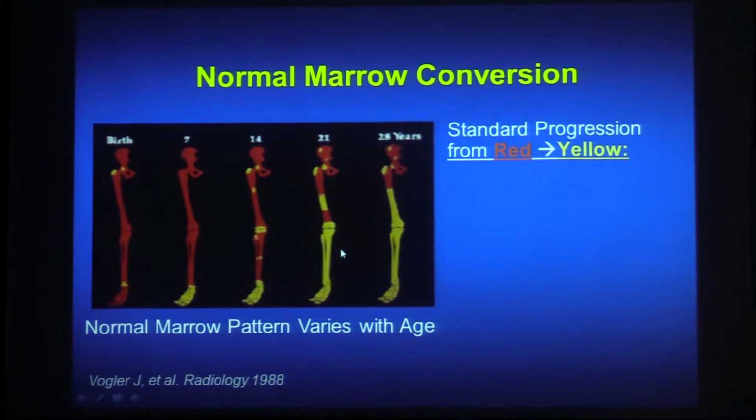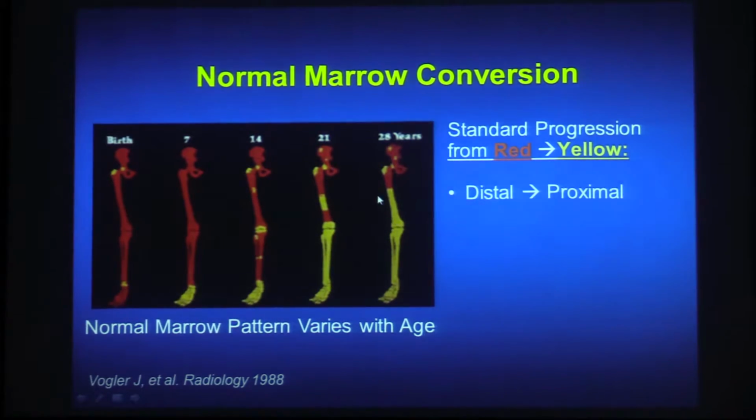So in this individual who's 21, you can see that their lower extremity has a lot of fatty marrow in it. And this follows a very regular standard course in all individuals, so that the first conversion from red to fatty marrow happens distally and progresses proximally.